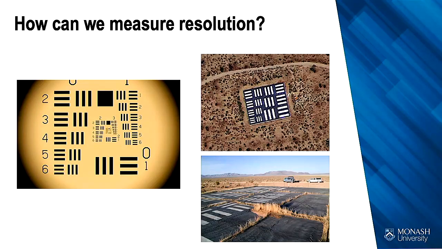They use these to test also resolution of satellites and spy planes. So you can see on the right, that's a giant resolution target in the middle of nowhere, America, so they can test the resolution of their camera systems, their spy cameras and stuff like that. So that's pretty fun.